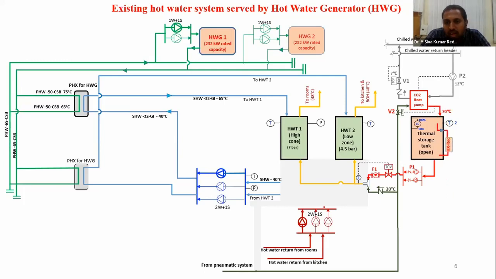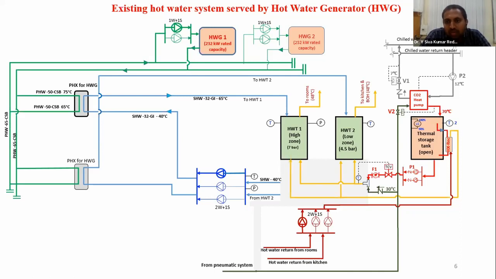And as I told, there will be circulation losses in the hot water return. To compensate for these circulation losses, we are proposing a recovery heat exchanger. This is always at 70 degrees. Whatever water comes from the return line will be supplied to the heat recovery exchanger, where it gains heat from the thermal storage tank, so that this water also will be always at 48 degrees.